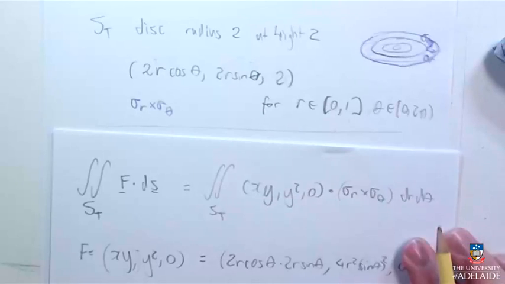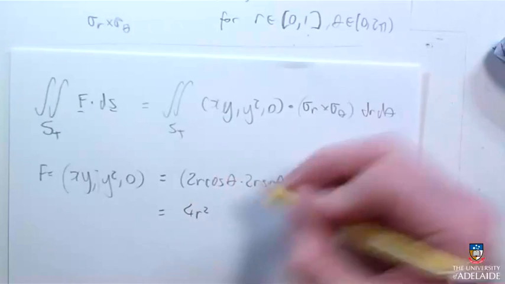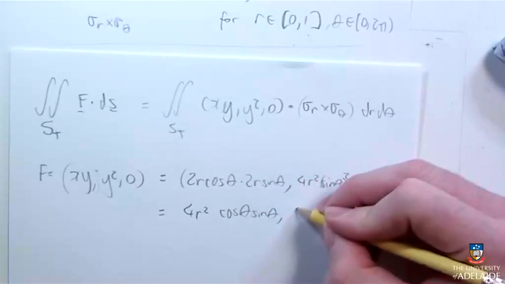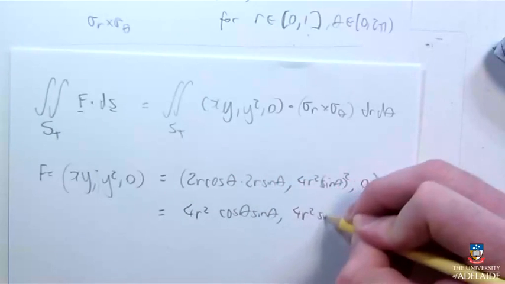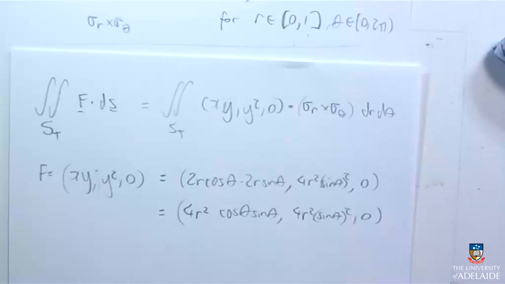Wow, sure. So in the original question, the vector field over the disks at the top and the bottom turned out to be 0. Yeah, that's all right.